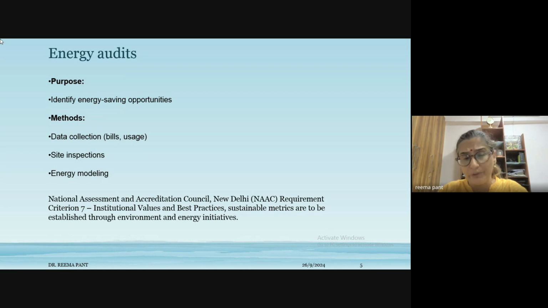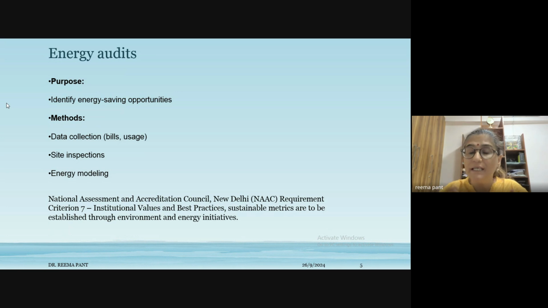Now, like I told you, there will be 2 inspections. One is the preliminary inspection, which is going to be in-house, within the educational institution, by the people who have been appointed by the Honorable Vice Chancellor or the principal or whoever is the head of the institution. They will make a core committee, or in most places now, we have IQAC in place.